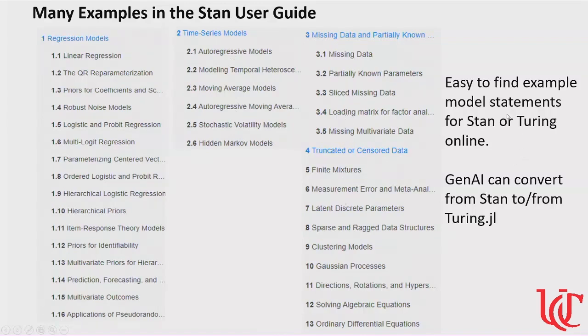And those are all just right there, and you can pretty much Google anything you want, and it's easy to find the model statements either in Stan or Turing for Julia. And in Gen AI, you put it in Copilot or ChatGPT or something. If you've got it in Stan, I've just copied the Stan code and said, I want to do it in Julia instead, and it'll convert it for you pretty well.